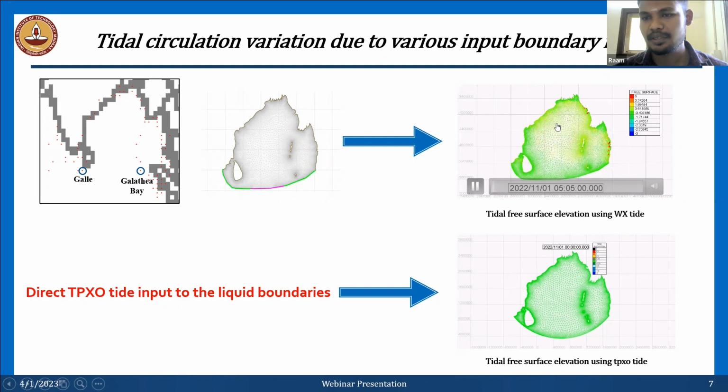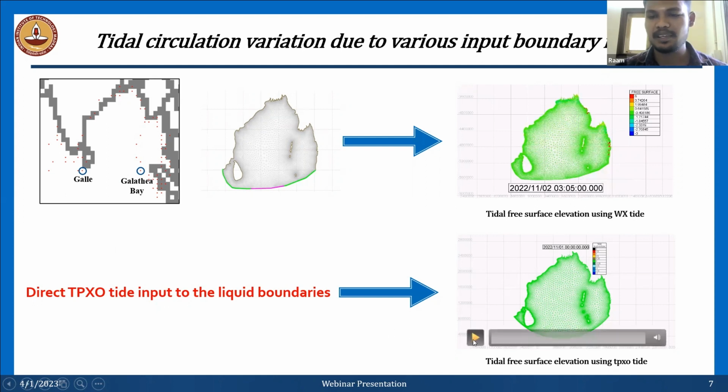That simulation is not like an actual tidal simulation, because there is no tidal variation given as a time series. We have just given the two tidal data from these stations, but actually this is the actual TPXO data that we have given.